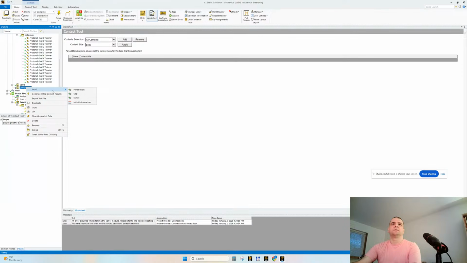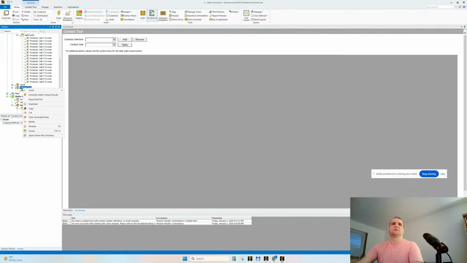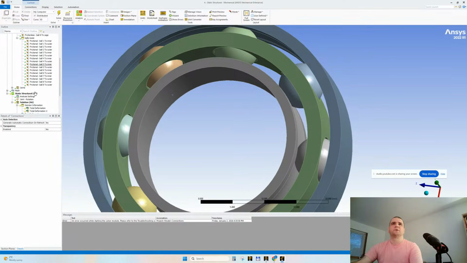Insert initial information? Come on. I usually don't use this tool. You can understand that this is why I don't know why at this moment it does not work. Let's not stress too much on this.